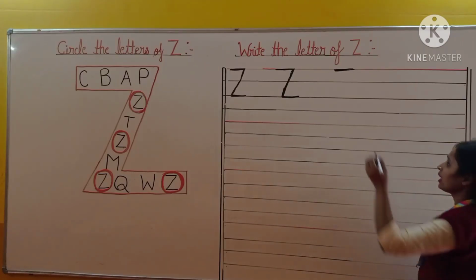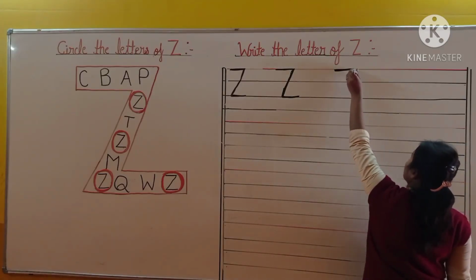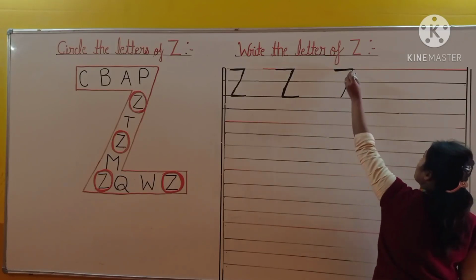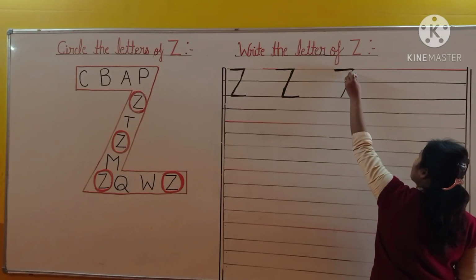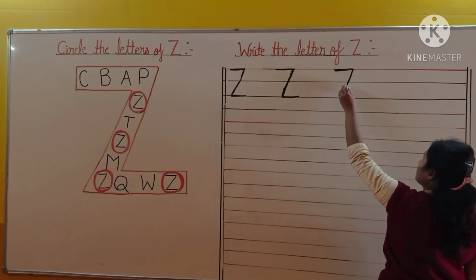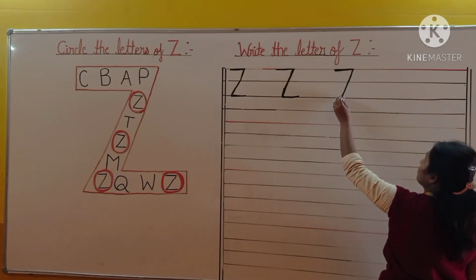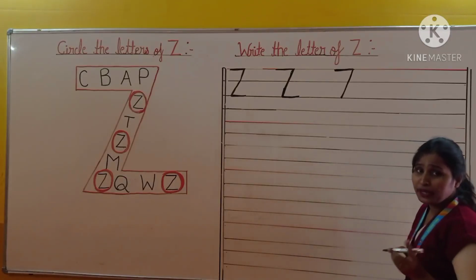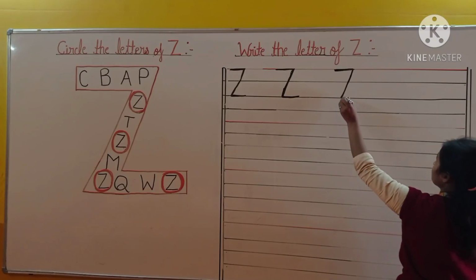Then a slanting line down. Okay. After that, draw a sleeping line.